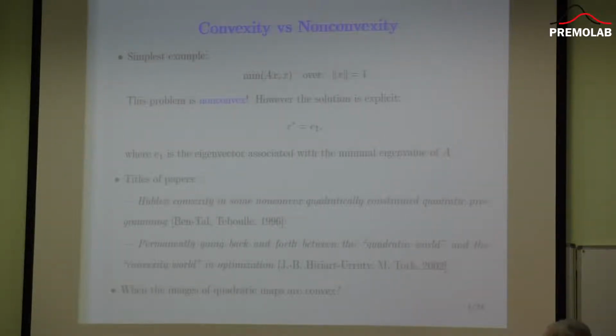And the trivial example, which everybody deals with in linear algebra: when we minimize a quadratic form on a unit sphere, the solution is known, but it's a non-convex problem because the sphere is a non-convex set, and our quadratic form is not assumed to be convex.